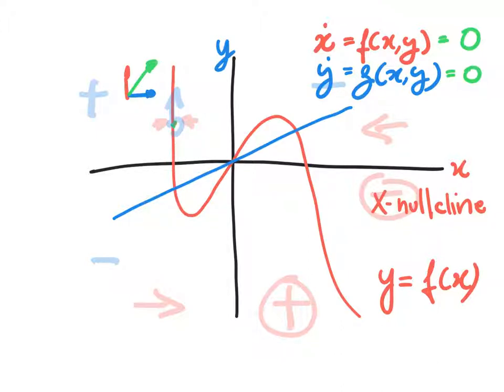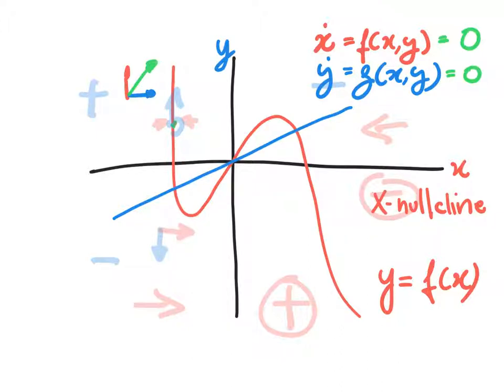And similarly, if you have some state here in the negative area of y, it will go down. But it will not only go down, it will basically both go down and to the right.